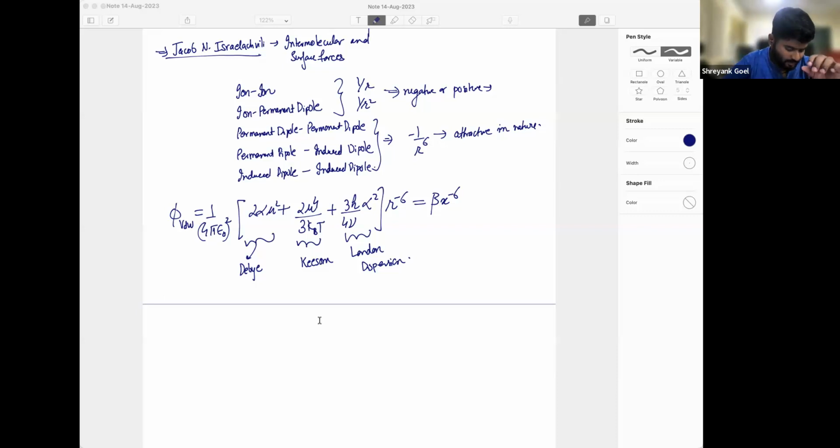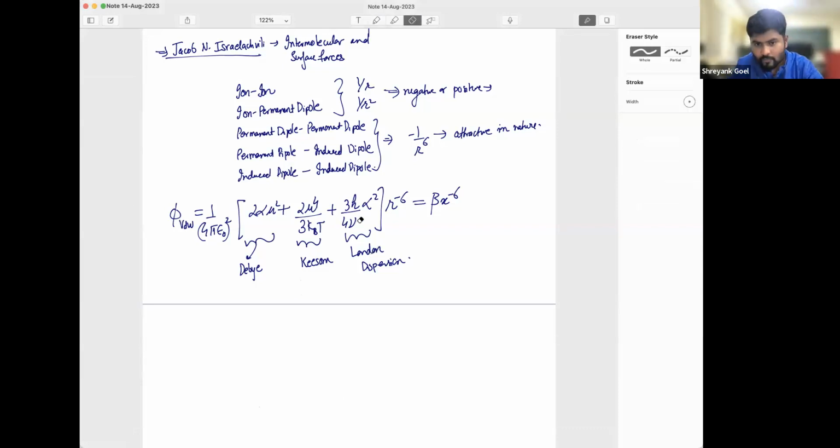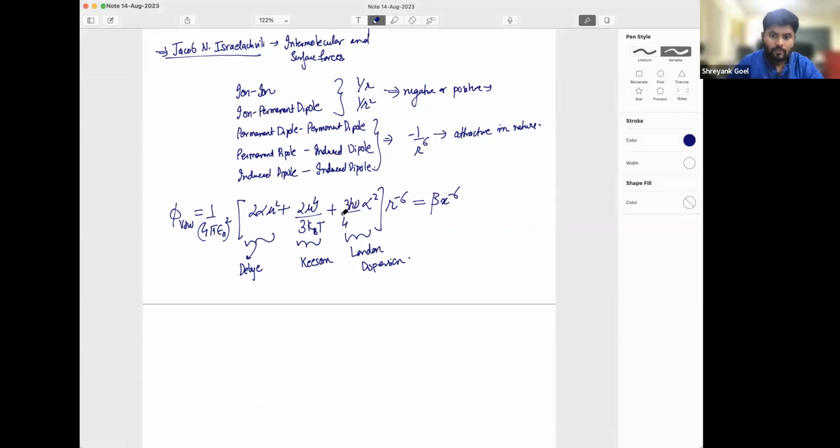And there is one more thing that needs to be rectified, and there may be a typo. That is 3H nu alpha square by 4. Yeah, correct.